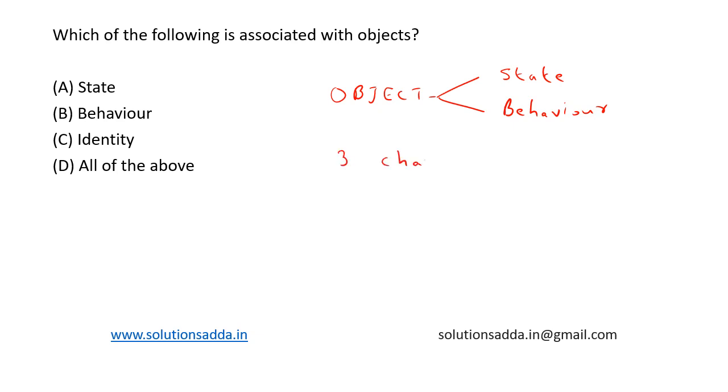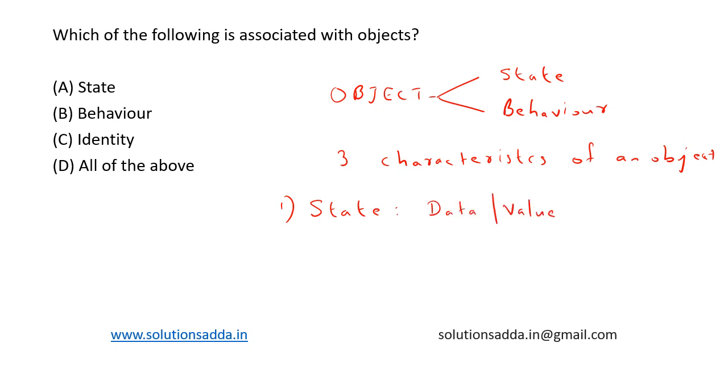Three characteristics of an object are: first one, state, that is the data or value of an object. Second one is behavior. It is the functionality of an object.